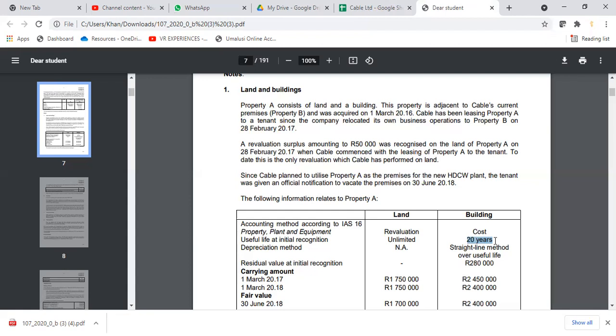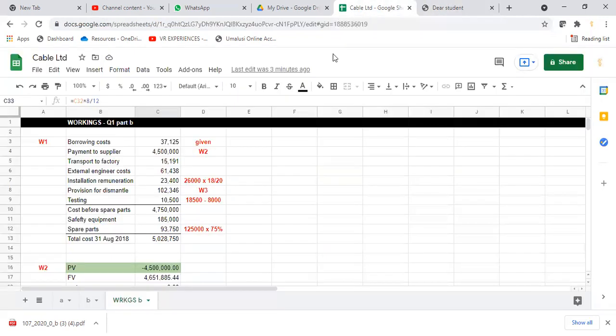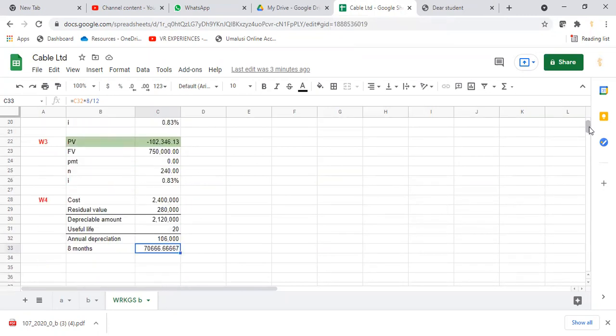So because we are at 30th June 2018, how many months have passed? Basically 2 years and 4 months. So 2 years is 24 months, then it is March, April, May, June, which is 4 months. So 28 months have passed. What is probably best to do is to not work on years, but to work on months.